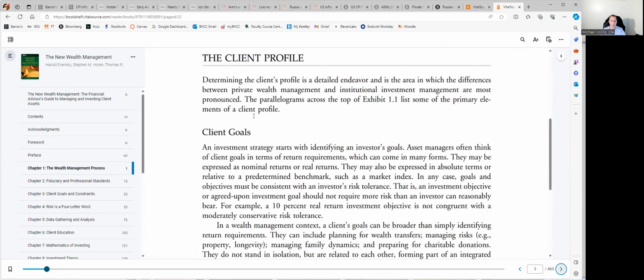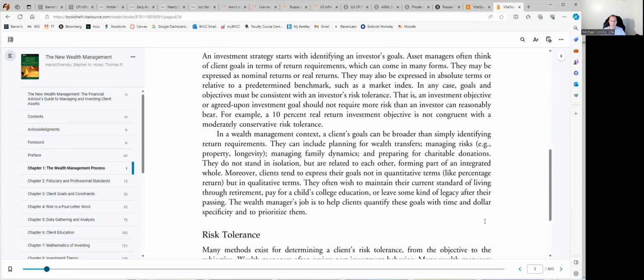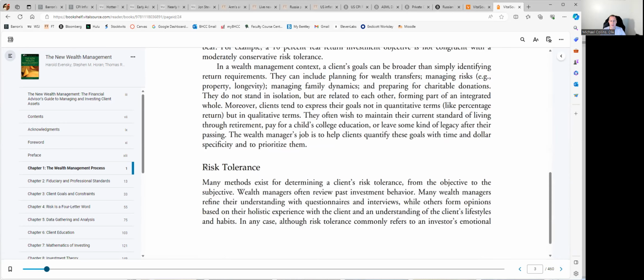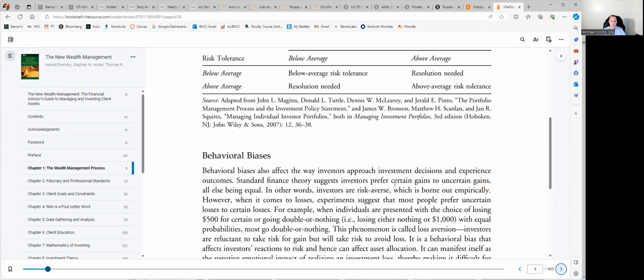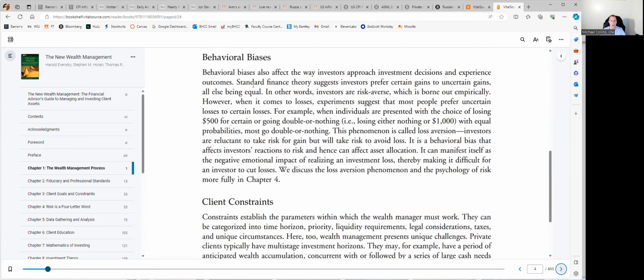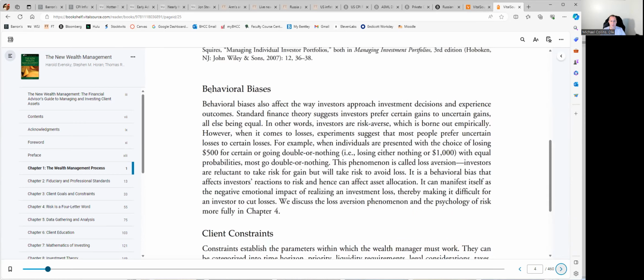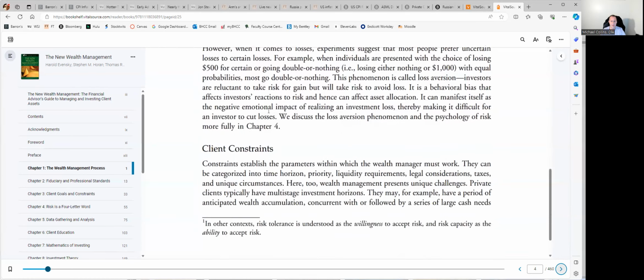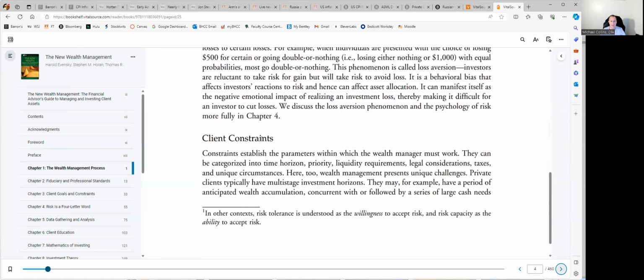Next, inside the client profile, you should know that the client profile contains the client goals. You should also know that it contains the risk tolerance and what risk tolerance is. You should also be familiar with the term behavioral biases as well as client constraints.